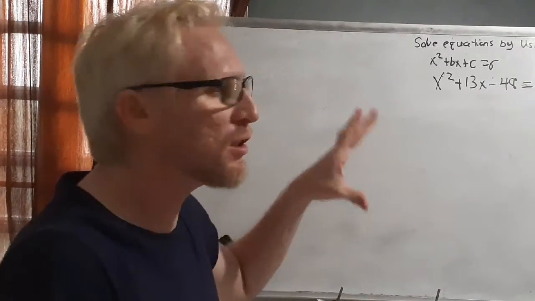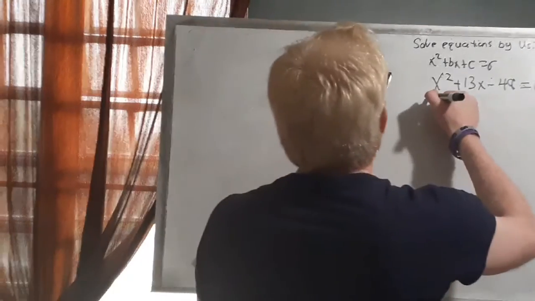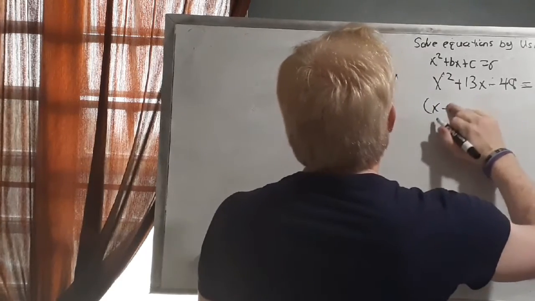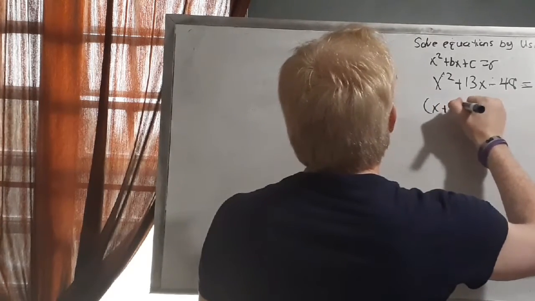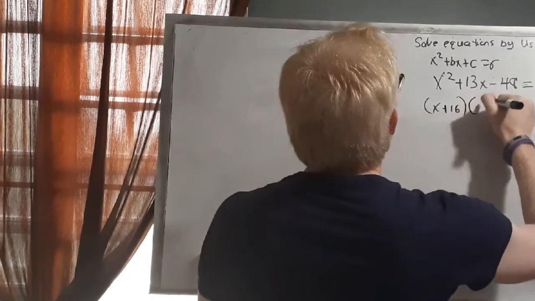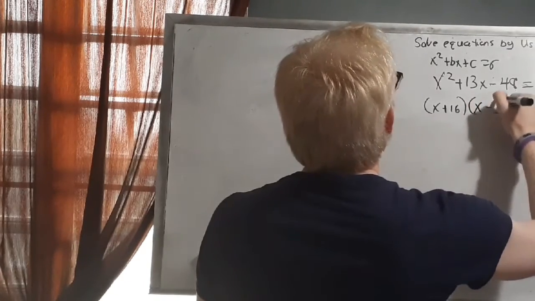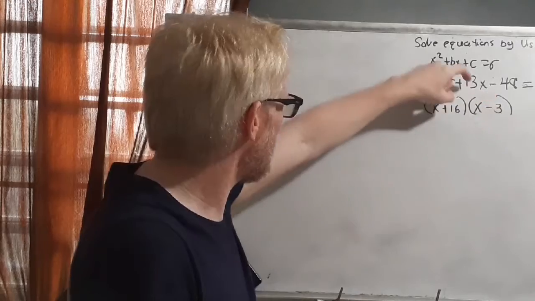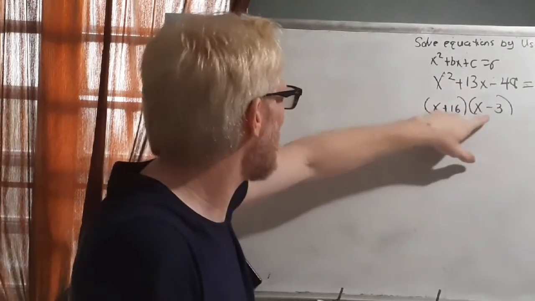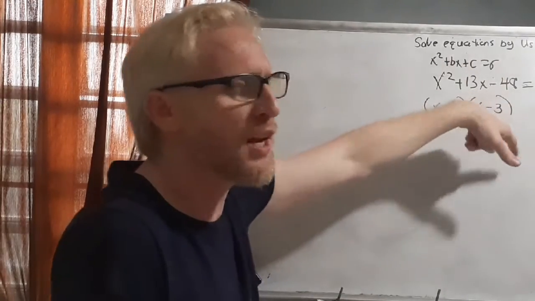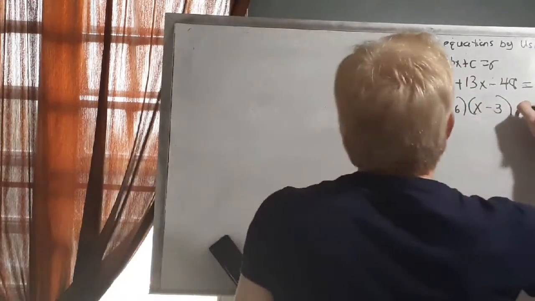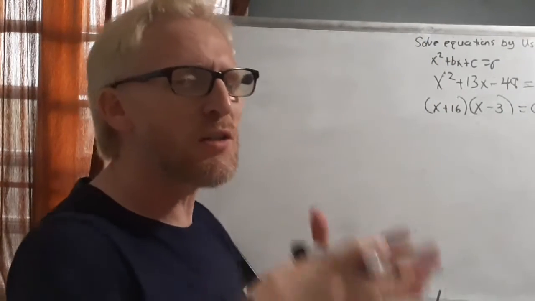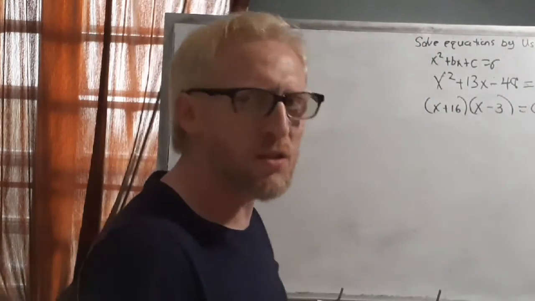Now, the only two numbers that come to mind are x plus 16, excuse me, and x minus 3. Now, 16 minus 3 is 13, and 16 times negative 3 is negative 48, and all that equals 0. What I'm going to do now is simply set each factor equal to 0.